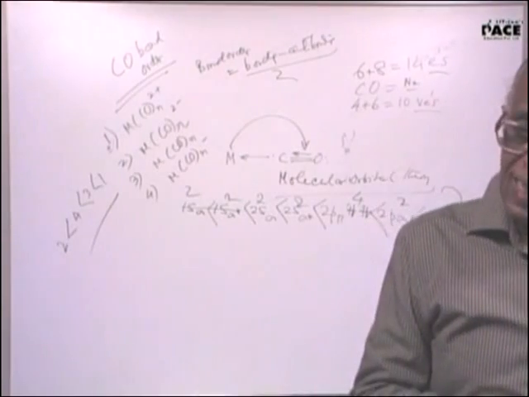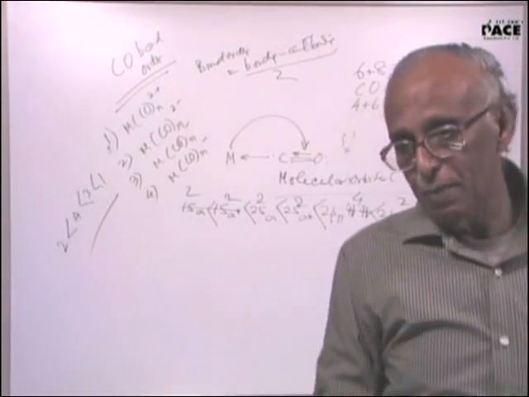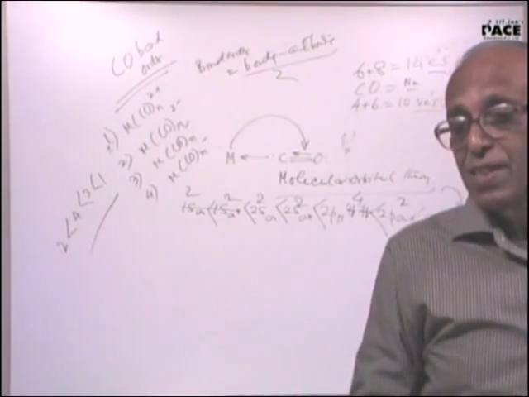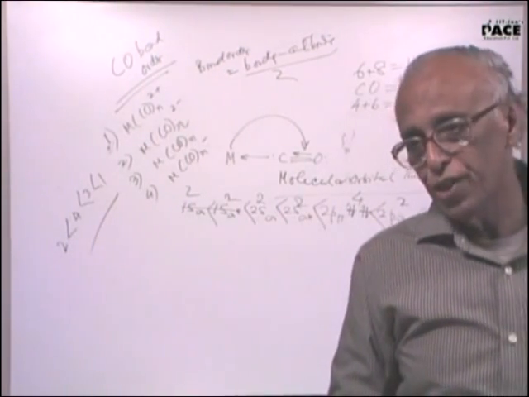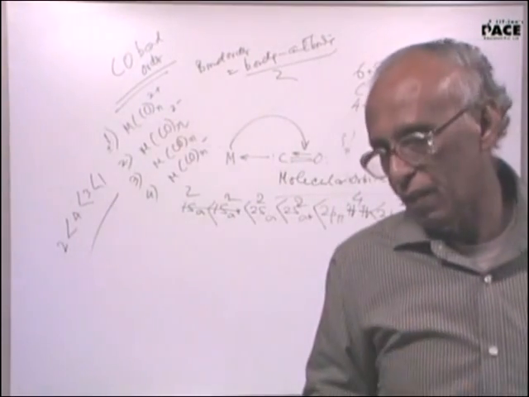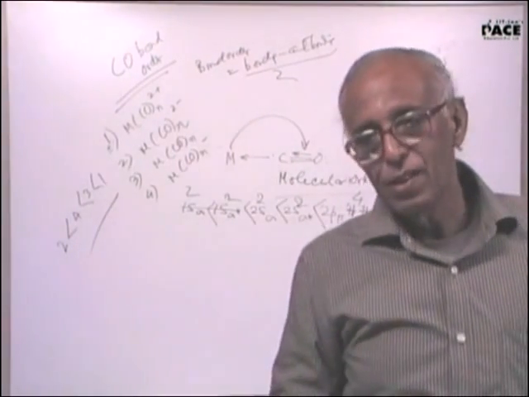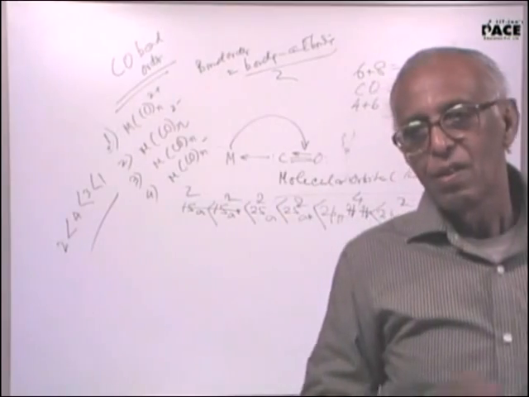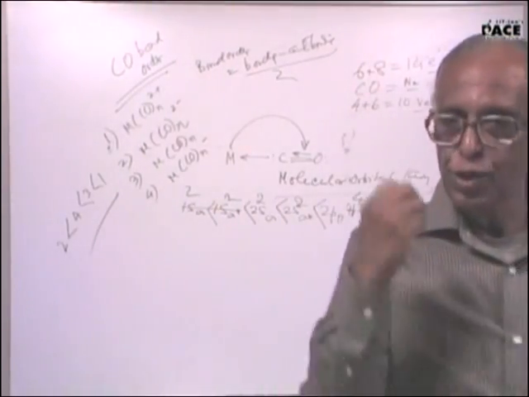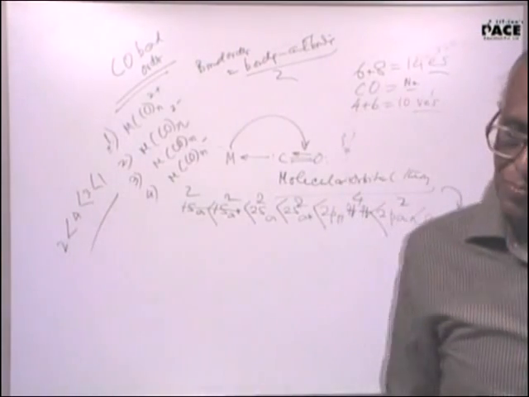And where the metal has the most negative oxidation state, there the metal is most electron rich, so it will be the most efficient donor of electrons. As a result, the CO bond order will decrease to a maximum level.